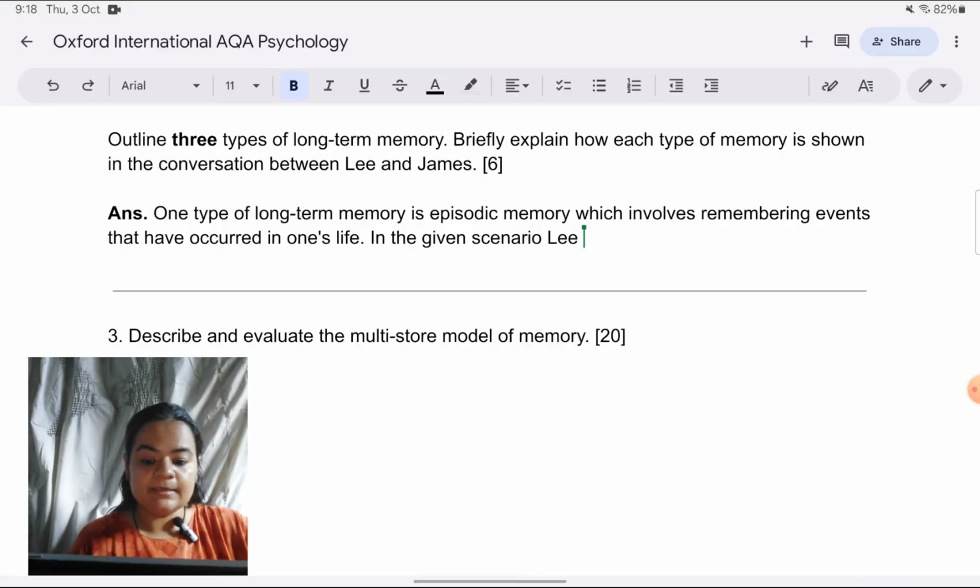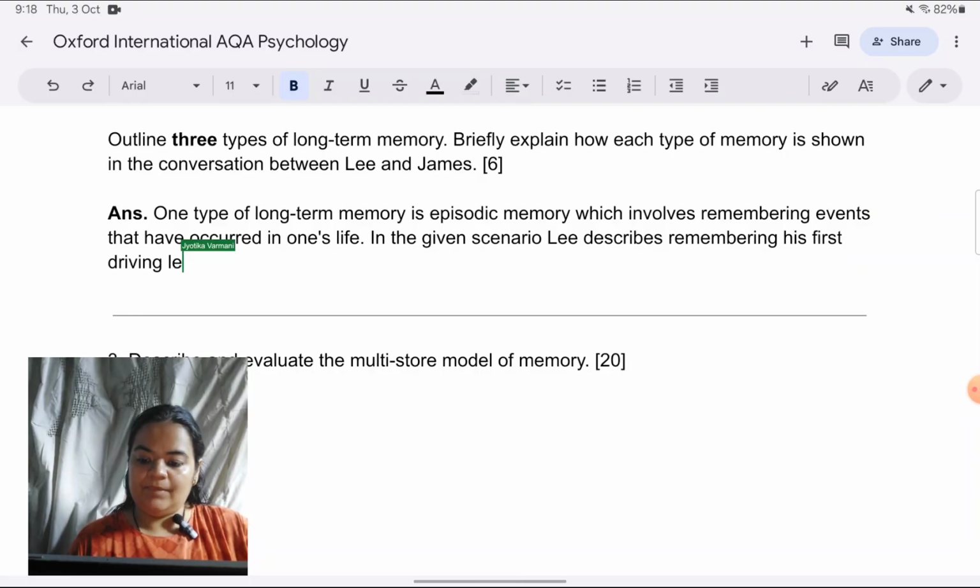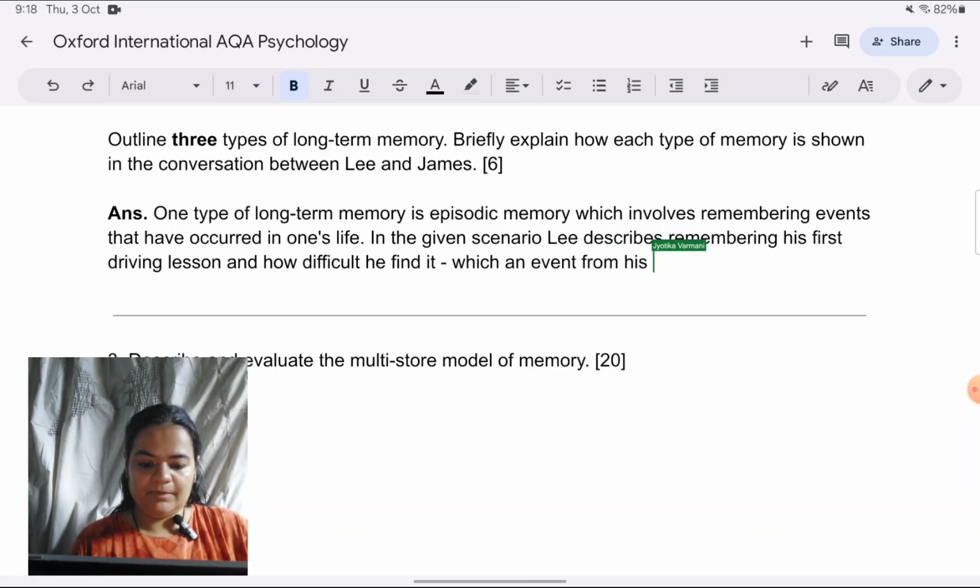Be very direct. So in the given scenario, Lee describes remembering his first driving lesson and how difficult he found it, which is an event from his life, demonstrating episodic memory.